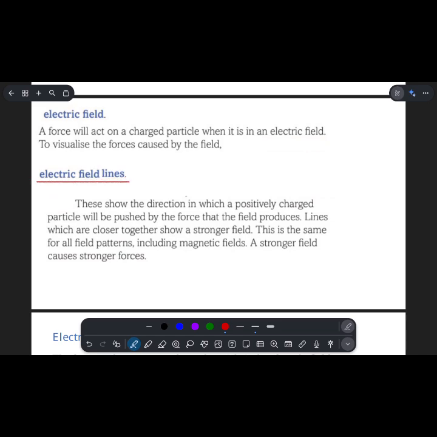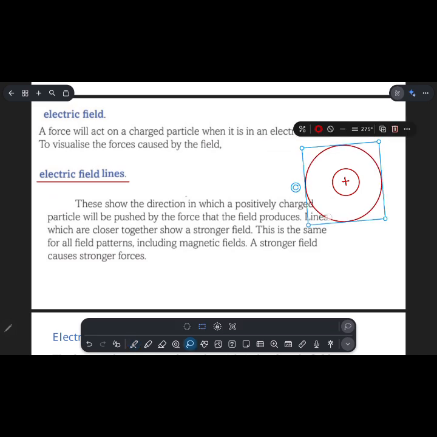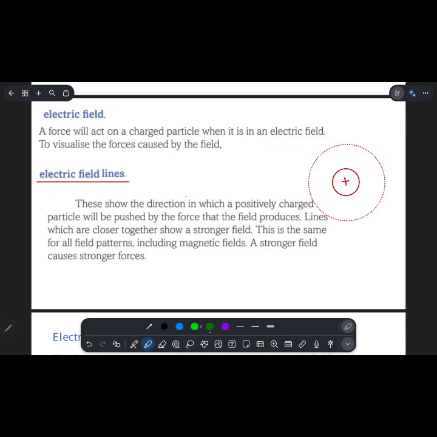The electric field lines are imaginary lines around a charge, or around a spherical charge. Let's say this is a positive charge, and if I place another positive charge around it, this charge will have field lines here. This is the area within which this particle exerts a force on another positive charge. The positive charge is actually your test charge.